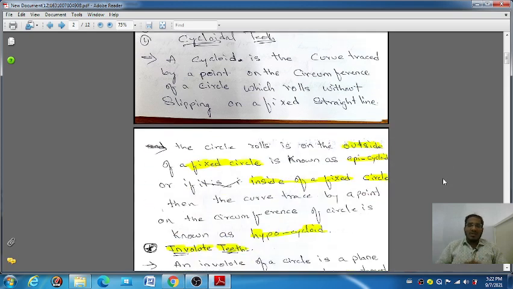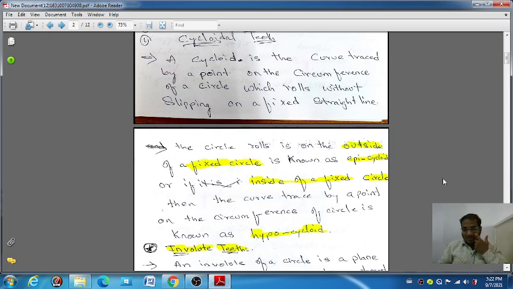If the cycloidal teeth roll on the outside of a fixed circle, it is called an epicycloid. If the teeth are inside the gear and are not slipping, it is called a hypocycloid.